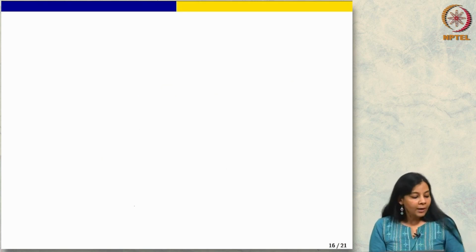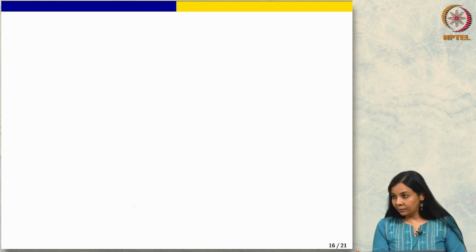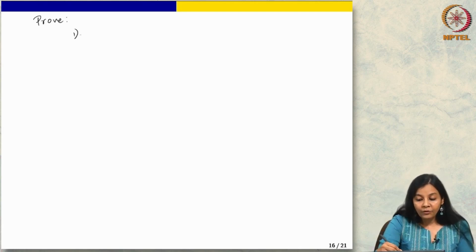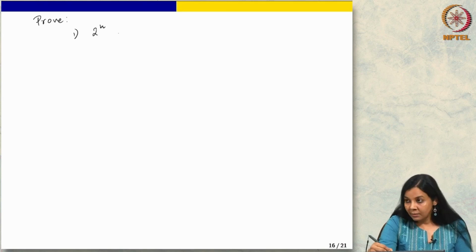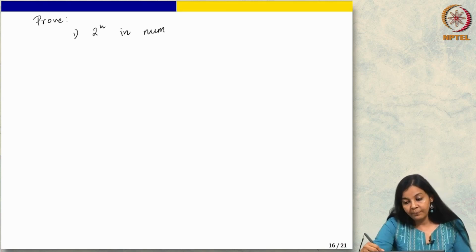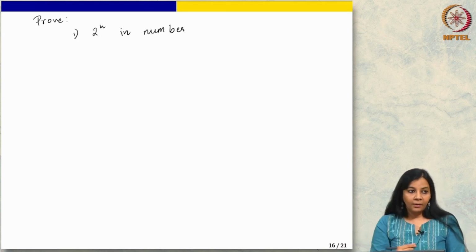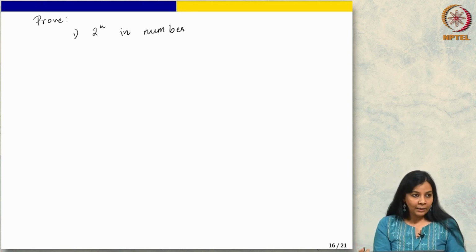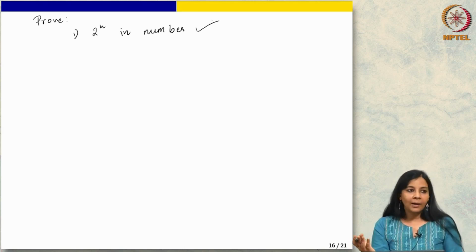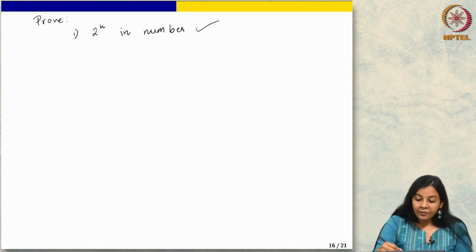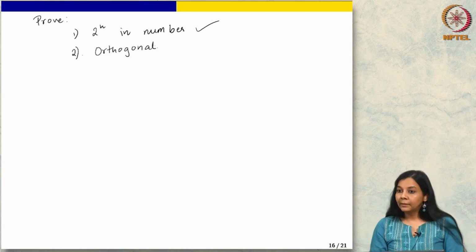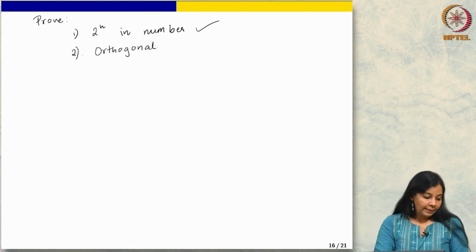So, for now what I need to do is actually prove to you that this is a basis. What do I need to prove here? First of all there should be 2 to the n of them, because the space is of size 2 to the n. This is already true just by our definition of the vectors. The more important thing that we need to show is that these are orthogonal, right. So, now let us show that.